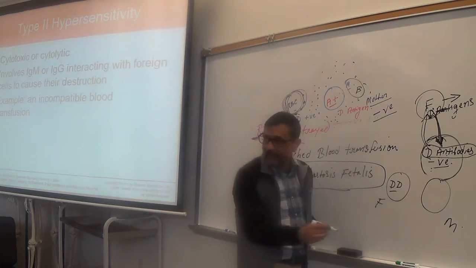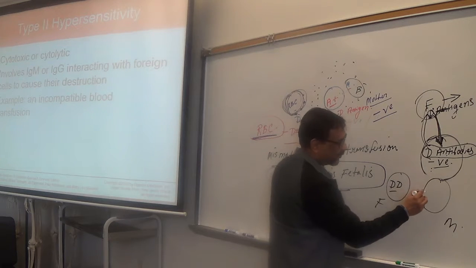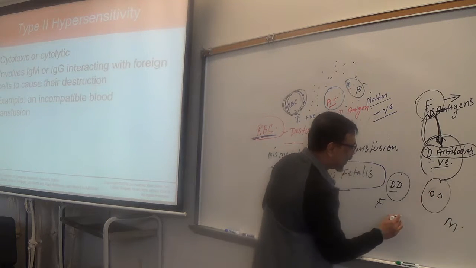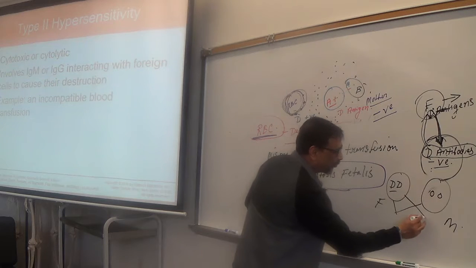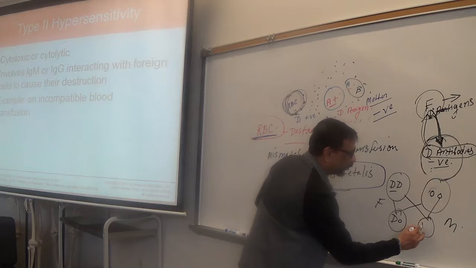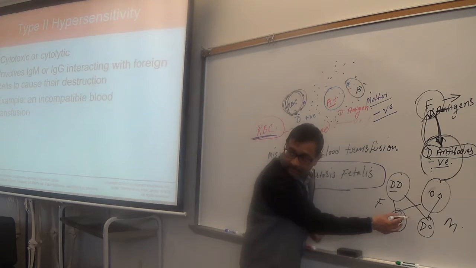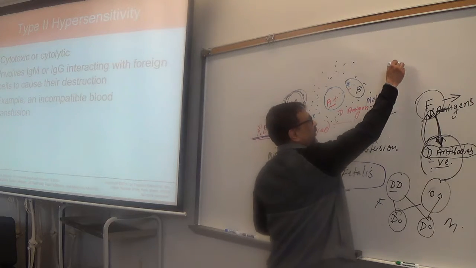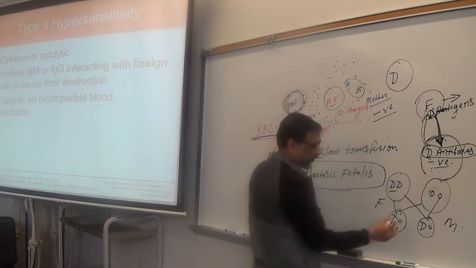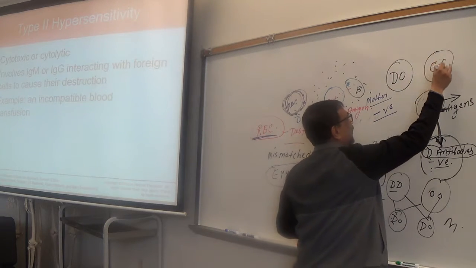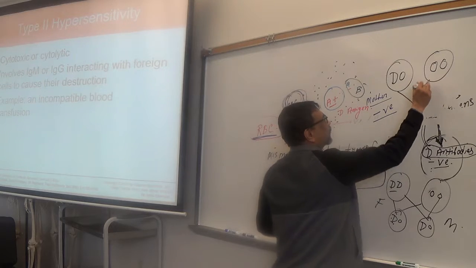This is the dominant type, and the recessive type, if this is the mother, the mother is negative, so there is no D, we'll say no D. So in this case, both will be positive because D is there, okay?